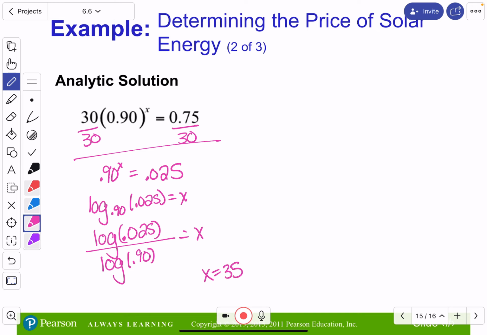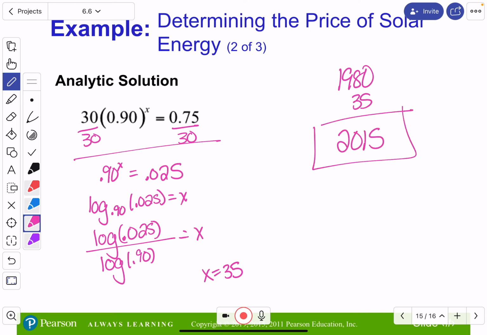So 35 years after 1980 is 2015. The prediction was that in 2015, the price would be 75 cents per watt. I think the real one was like 2013, so it was a pretty close prediction considering we're looking 30 years ahead here.